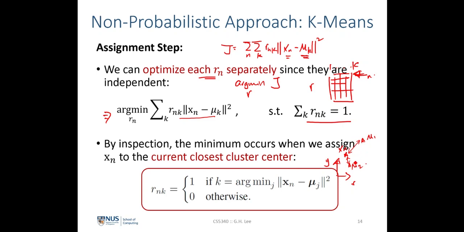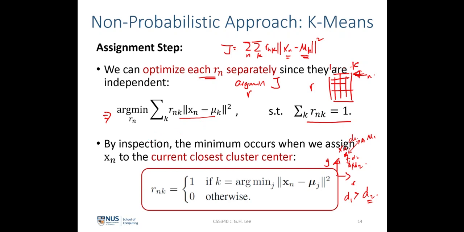Now I can see that d1 is bigger than d2, so the obvious choice would be to assign x_n to the closest centroid, such that the distance is minimized, such that the total distance of each point is minimized.